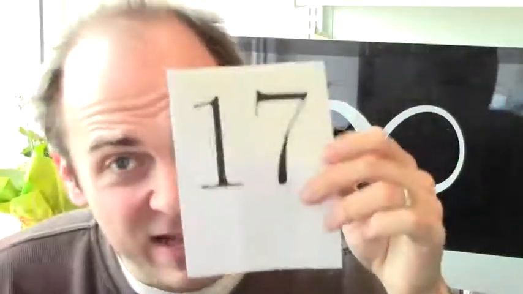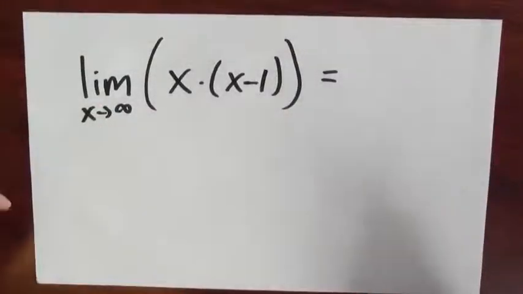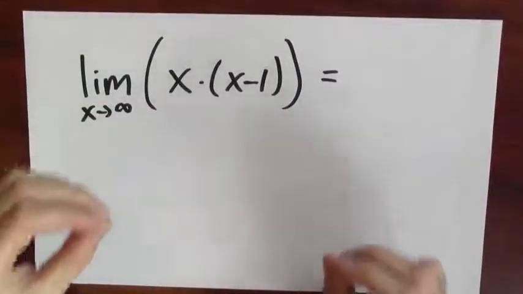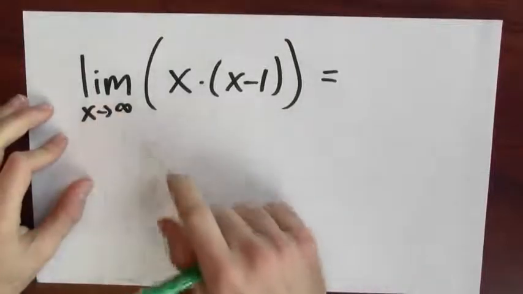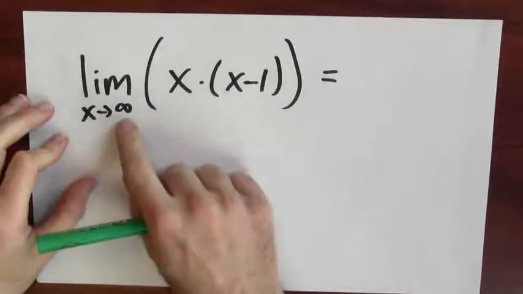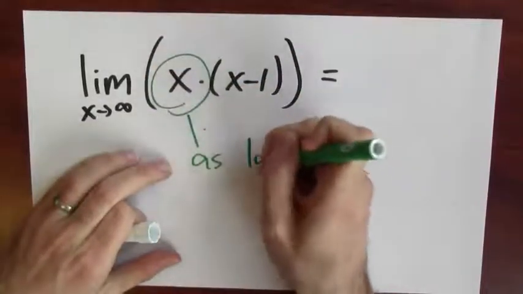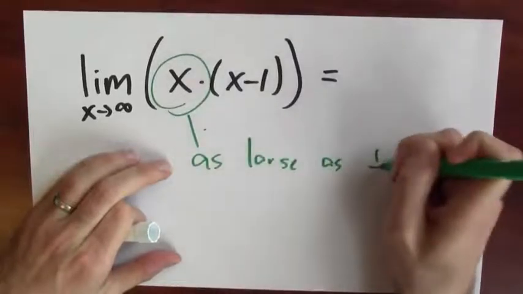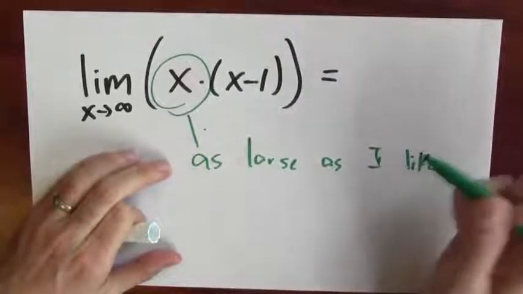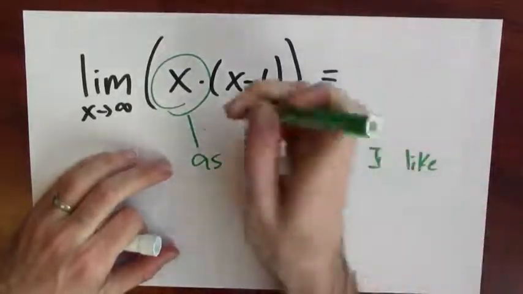Infinity is not a number like 17. But something comes to save the day. We can do limits. For instance, consider this problem where I'm doing a calculation involving infinity. But instead of working with infinity directly, I'm phrasing it as a limit question. What's the limit of x times x minus 1 as x approaches infinity? Well, x is as large as I like. By making x big enough, I can make x as big as I like.